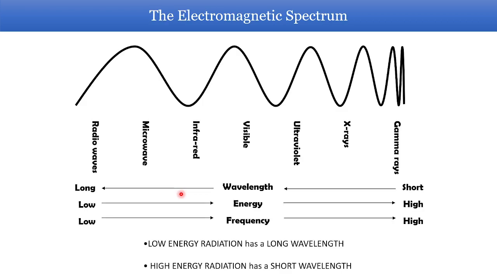Now this is the electromagnetic spectrum. If I speak about some nice information on the history of spectroscopy, it began very early, in the 17th century.